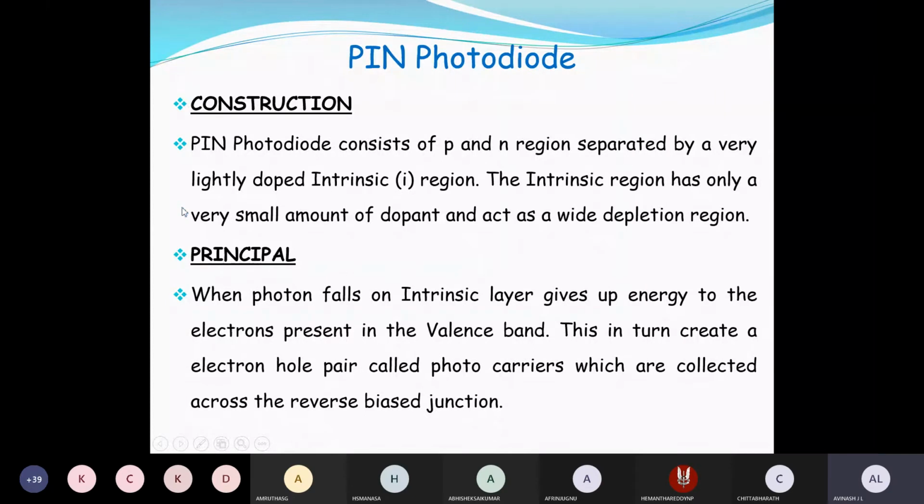The intrinsic region has only a very small amount of dopant and acts as a wide depletion region.